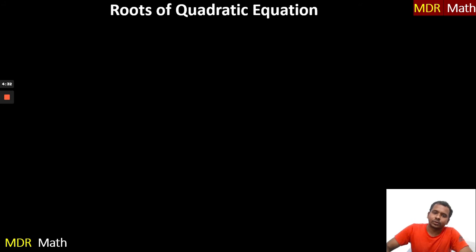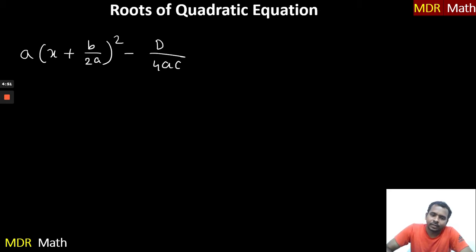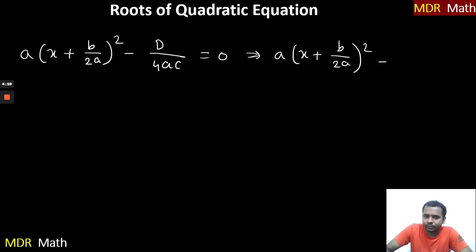Now let's see what are the roots of a quadratic equation. So the roots of the quadratic equation are given by, you can see here, right, from this vertex form, that is a into x plus b by 2a whole square minus D by 4a is equal to 0. So from this, what you can write, a into x plus b by 2a whole square, which is equal to b square minus 4ac by 4a.